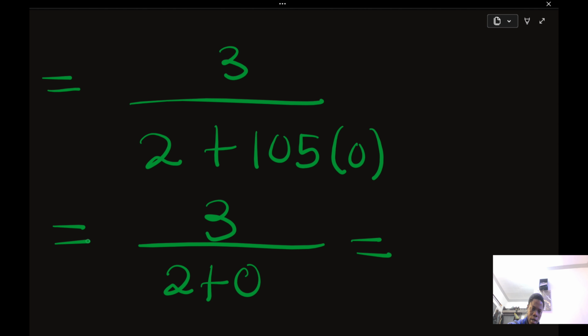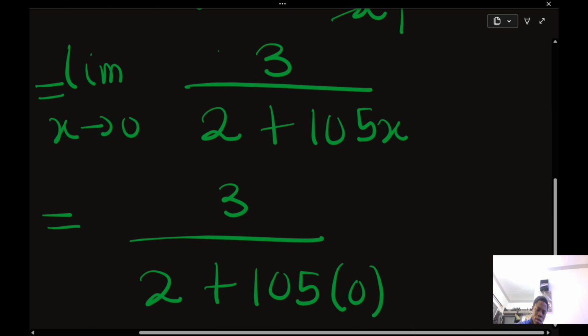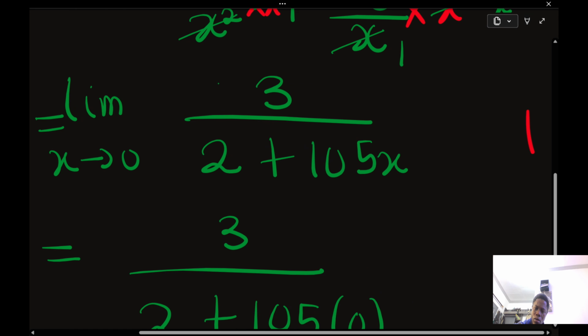So at the end, we are getting 3 divided by 2 as the limiting value of the expression as its input x approaches 0. So that is the answer for this particular problem.